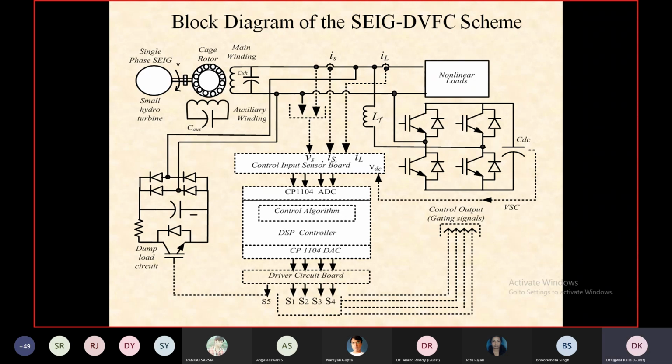In this scheme, it is controlling the system voltage by supplying an adjustable reactive power to the system.